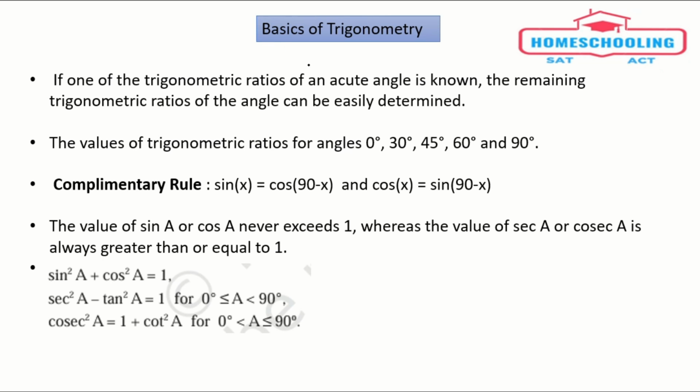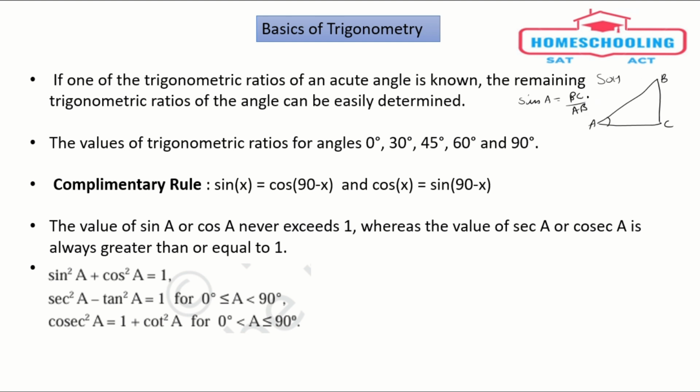If one of the trigonometric ratios of an acute angle is known, then the remaining trigonometric ratios can be easily determined. It says that if this is your right triangle with vertices A, B, and C, and we know sine A, that is opposite by hypotenuse, that would be BC by AB.